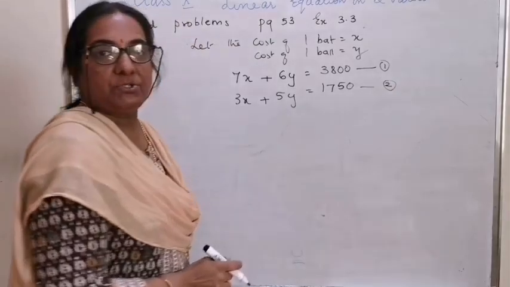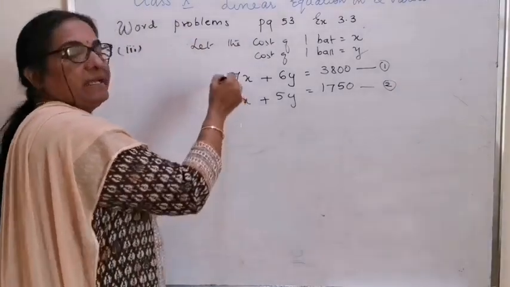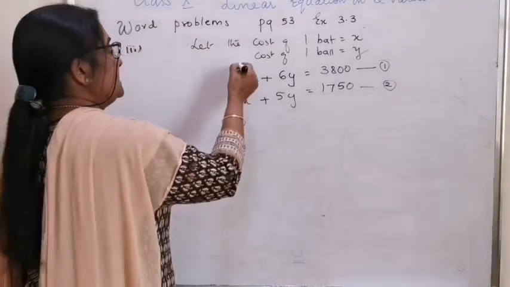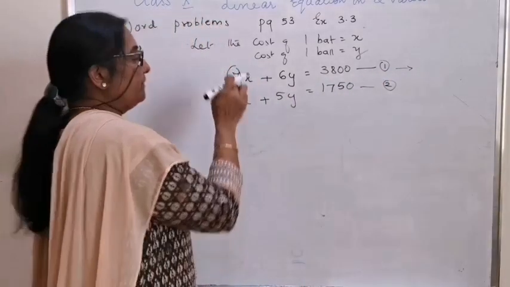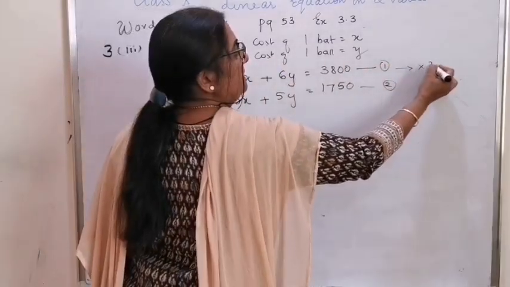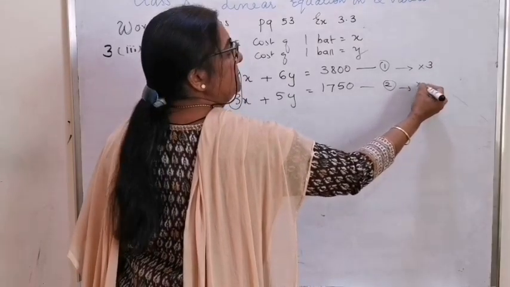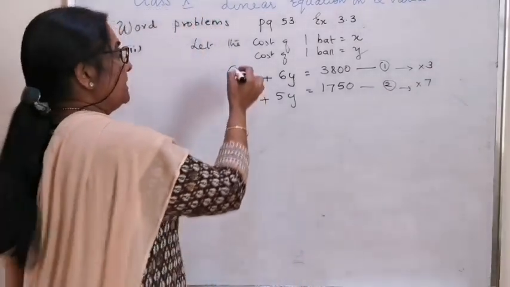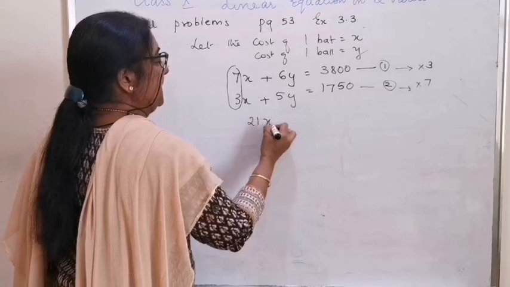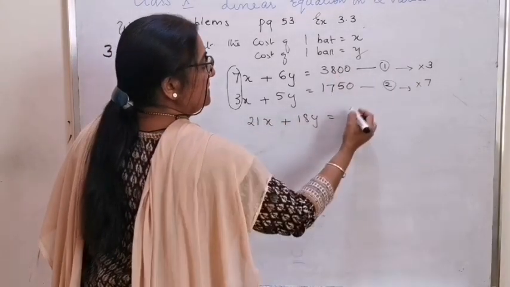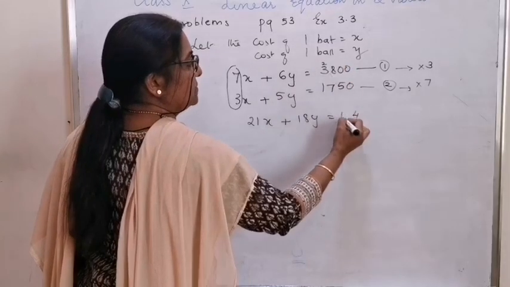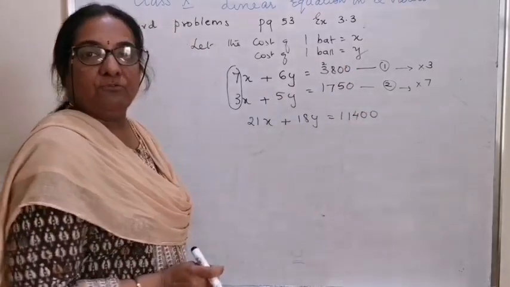Equation number 2. Equating the x coefficients, the LCM of 7 and 3 is 21. 7 multiplied by 3 and 3 multiplied by 7. The equation will become 21x plus 18y is equal to 11,400.